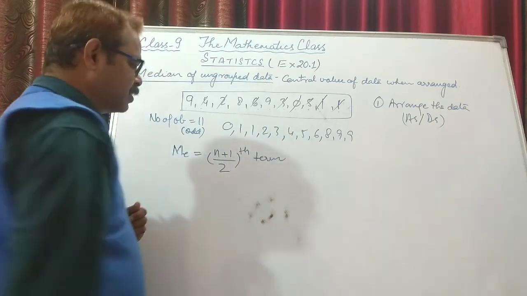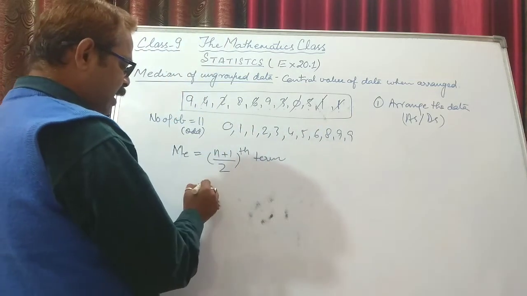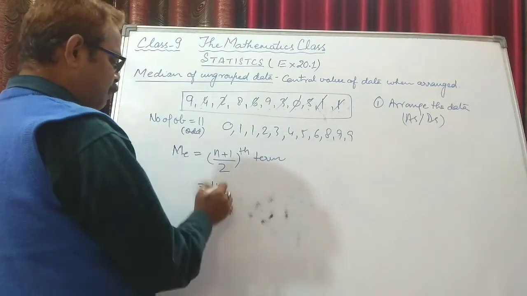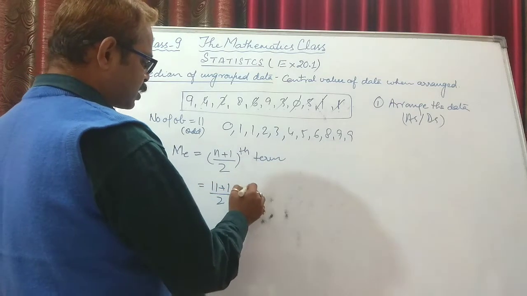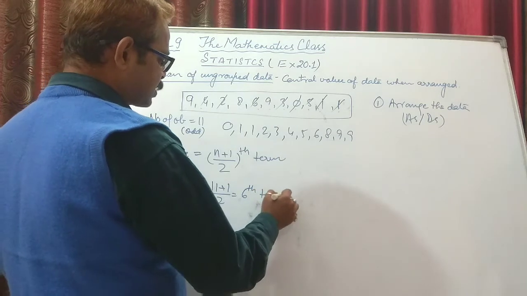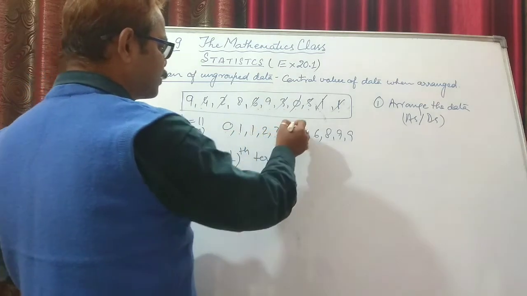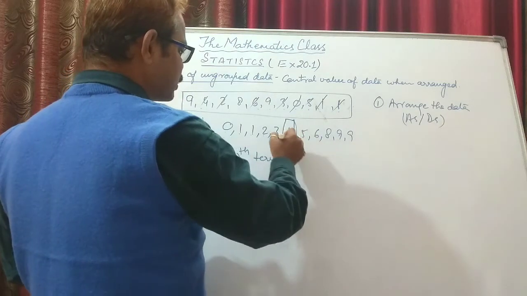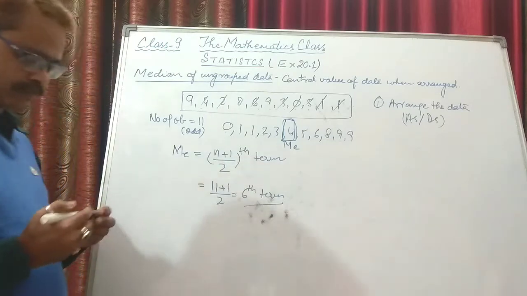We find this term from the arranged data. N is 11, plus 1 is 12, upon 2 is the 6th term. We will find the 6th term in the data: 1, 2, 3, 4, 5, 6. So this 4 is the median of this data.